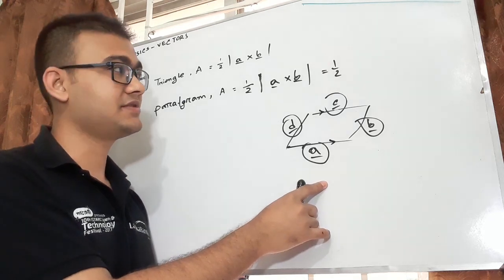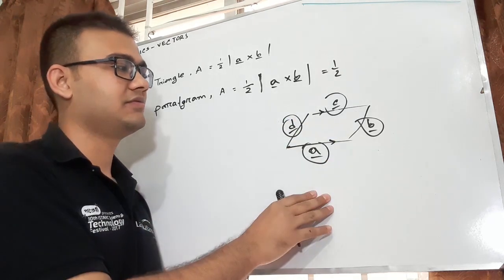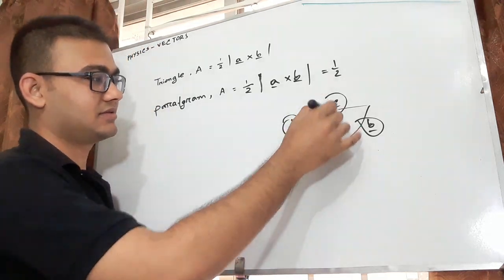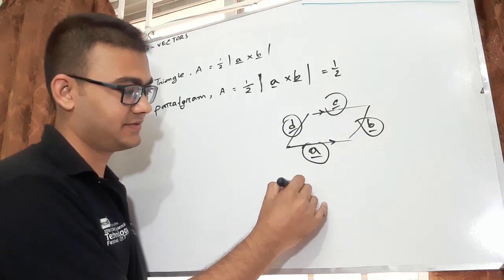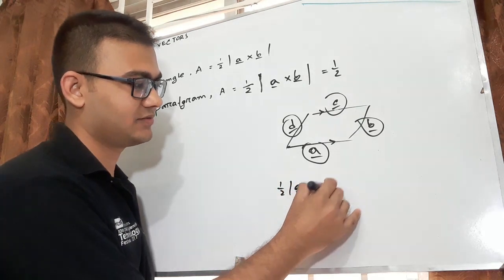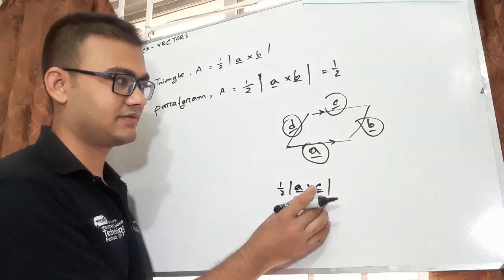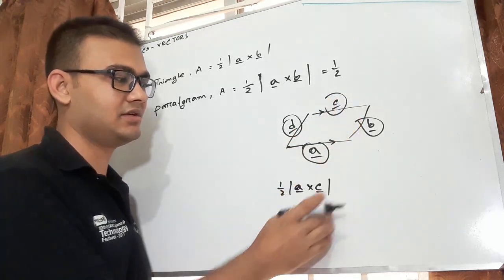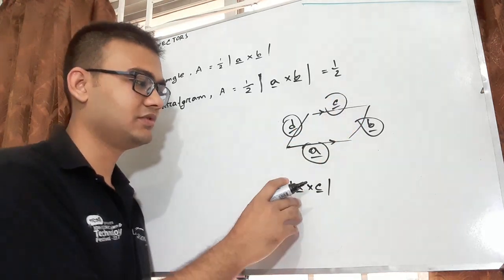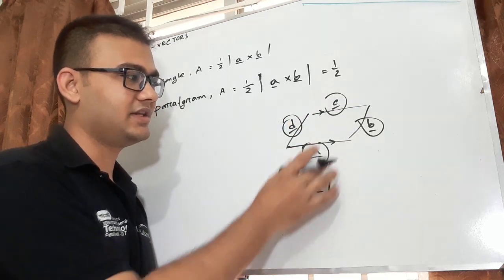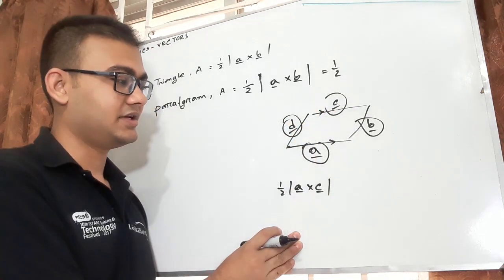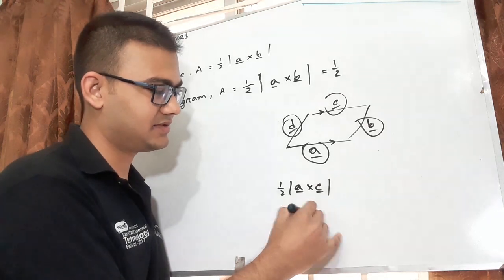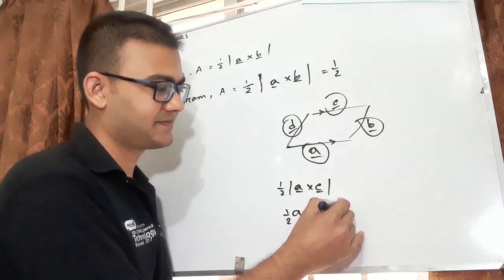In this parallelogram, we are trying to measure the area, and if you do this half A cross C, what you are doing, you are just taking the two vectors A and C, which are both parallel to each other and have the same magnitude, and you know that half of it will come like half sine theta.